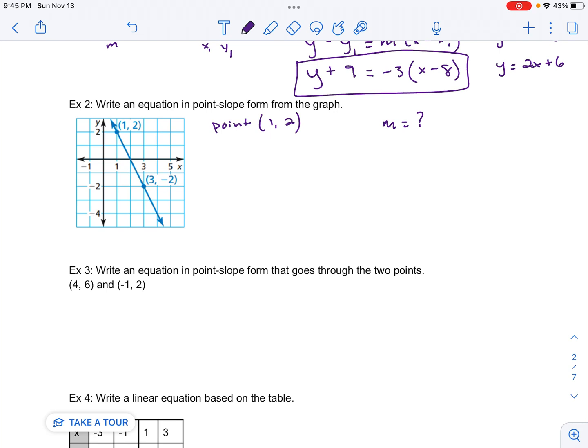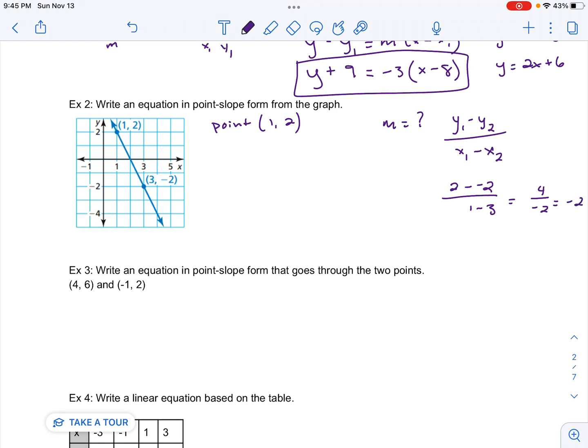Remember, slope is y1 minus y2, or you could do y2 minus y1, it does not matter, over x1 minus x2. So I have 2 minus negative 2 over 1 minus 3. This ends up being 4 over negative 2, which gives me negative 2.